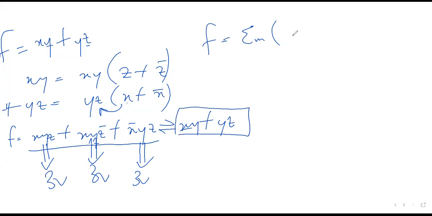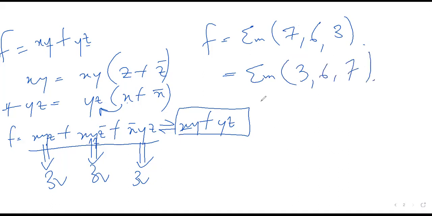Give me the numbers. 111 is 7. 110 is 6. 011 is 3. So we have 3, 6, 7.